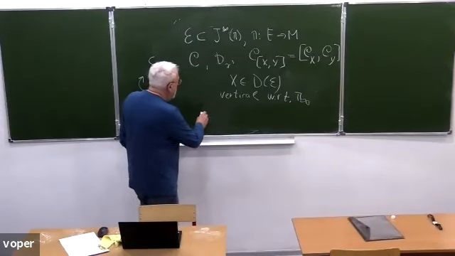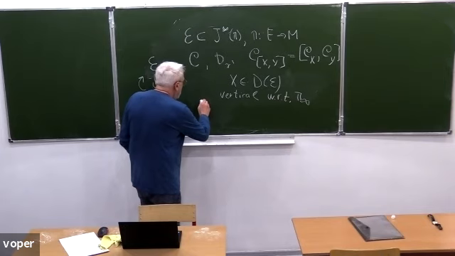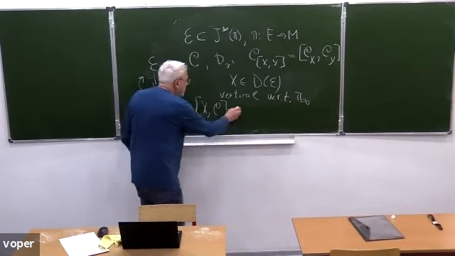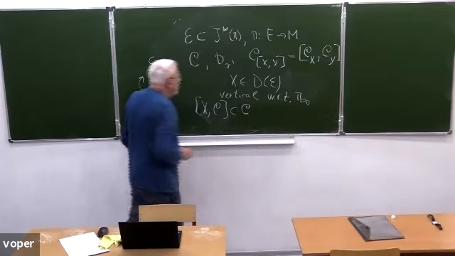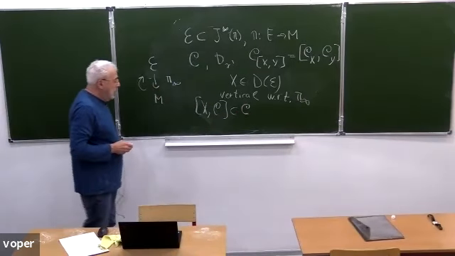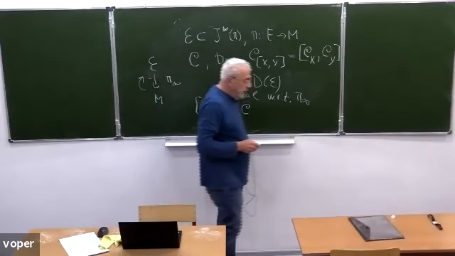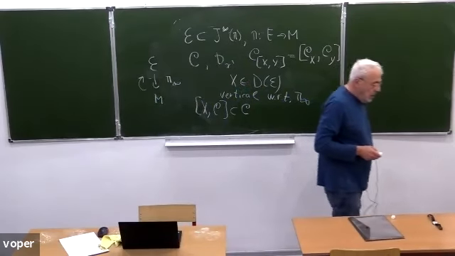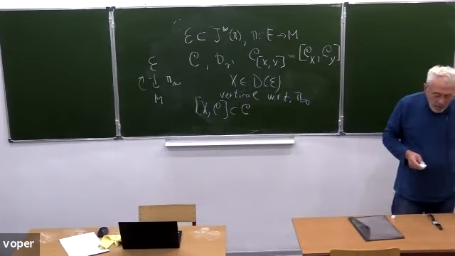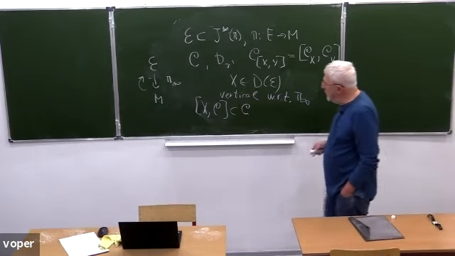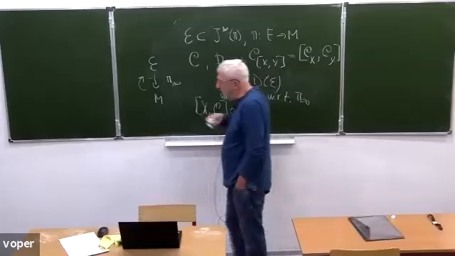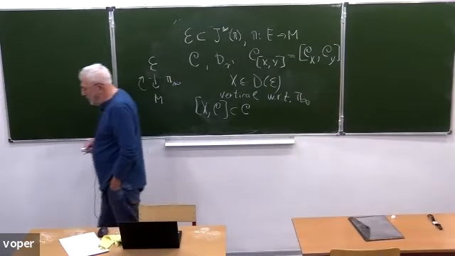This means that the following inclusion is valid. The commutator of a symmetry with a vector field from the Cartan distribution again lies in the Cartan distribution.